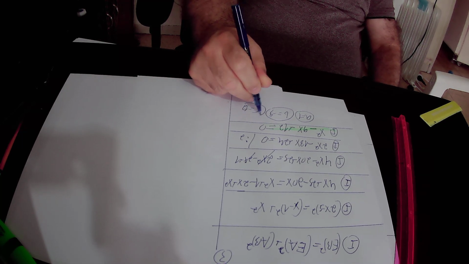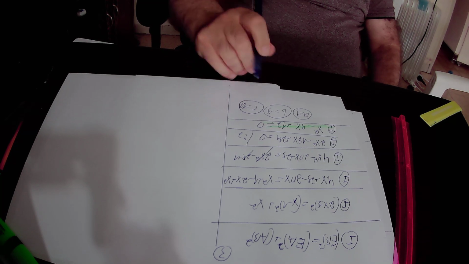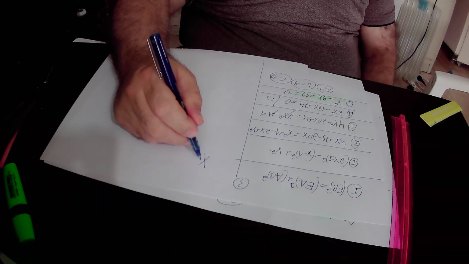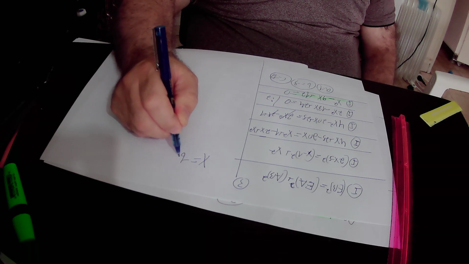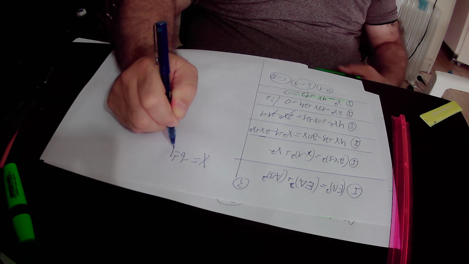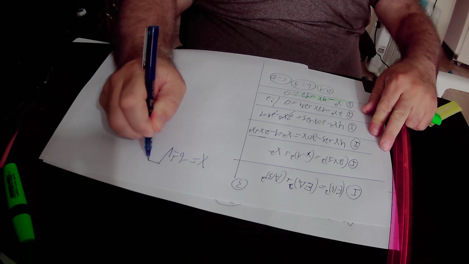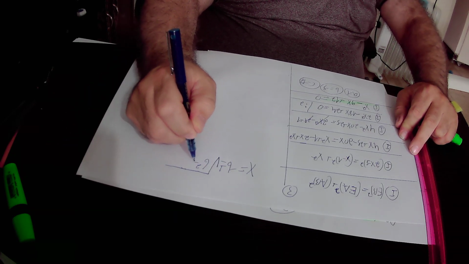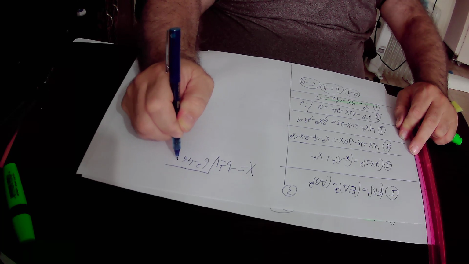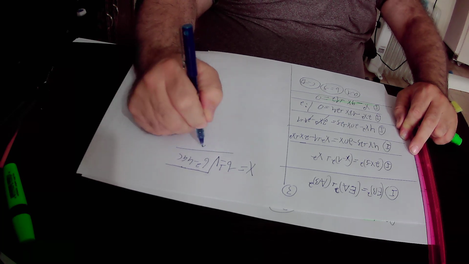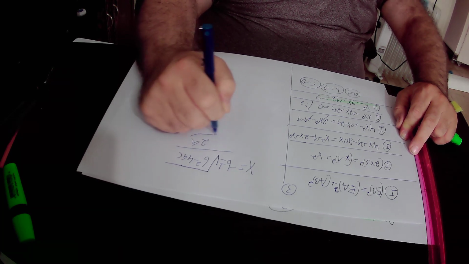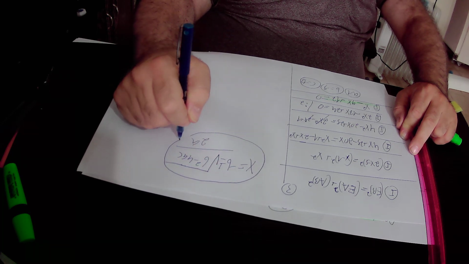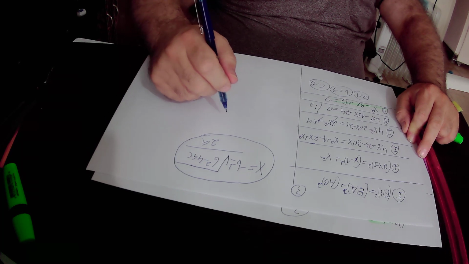The general formula to solve the quadratic equation is x equals minus b plus or minus the square root of b squared minus 4ac, over 2a. Here a, b, and c are the coefficients of the general quadratic equation, and x is the variable that we are looking for.